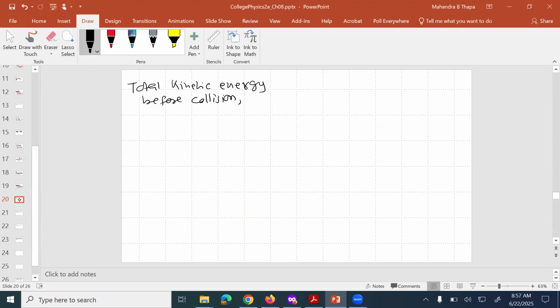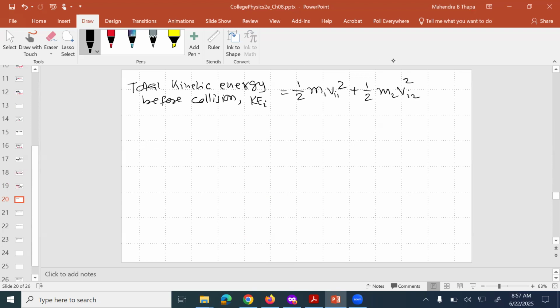I call it, for example, KE initial. That equals half m1 v initial 1 squared plus half m2 v initial 2 squared.